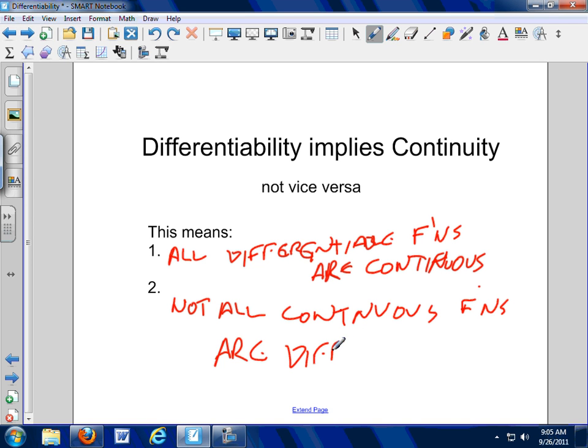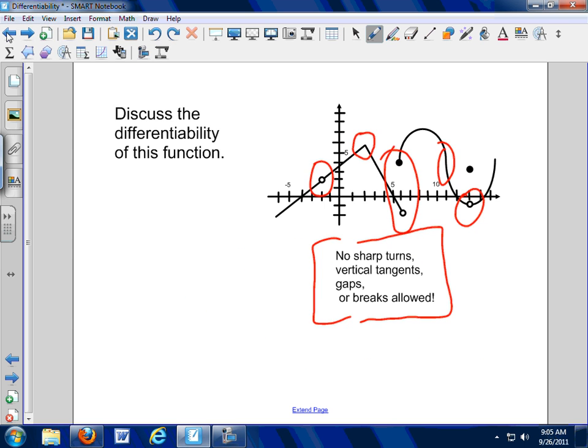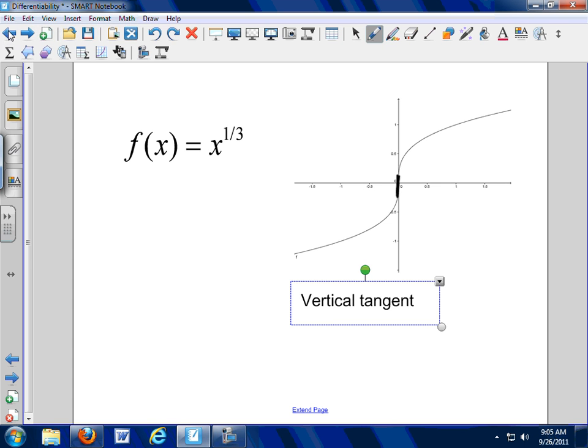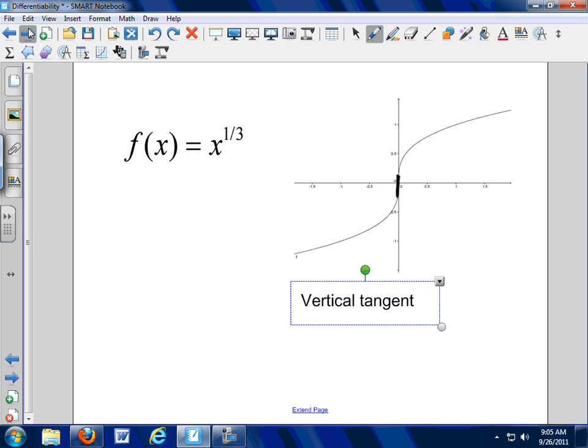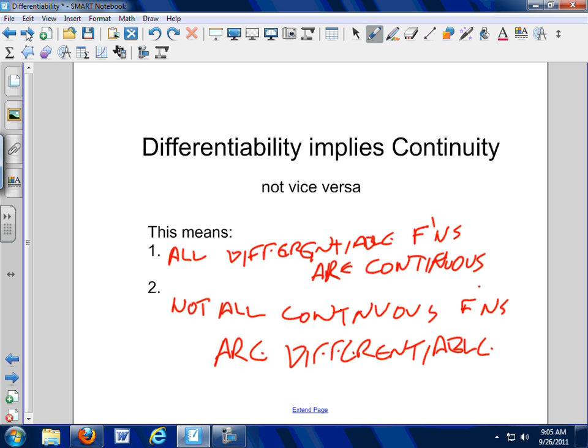If we know it's differentiable, we know it must be continuous. But just because it's continuous doesn't mean it's differentiable, because if you look back, that certainly is a continuous function, but it is not differentiable everywhere. Same thing there, not differentiable everywhere, but certainly continuous. So there's that: differentiability implies continuity, but not vice versa.